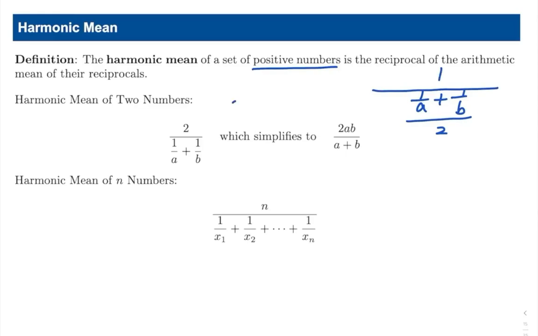For two numbers, it simplifies to 2ab divided by a plus b. If we have n numbers, then it's n divided by 1/x1 plus 1/x2 plus until 1/xn.